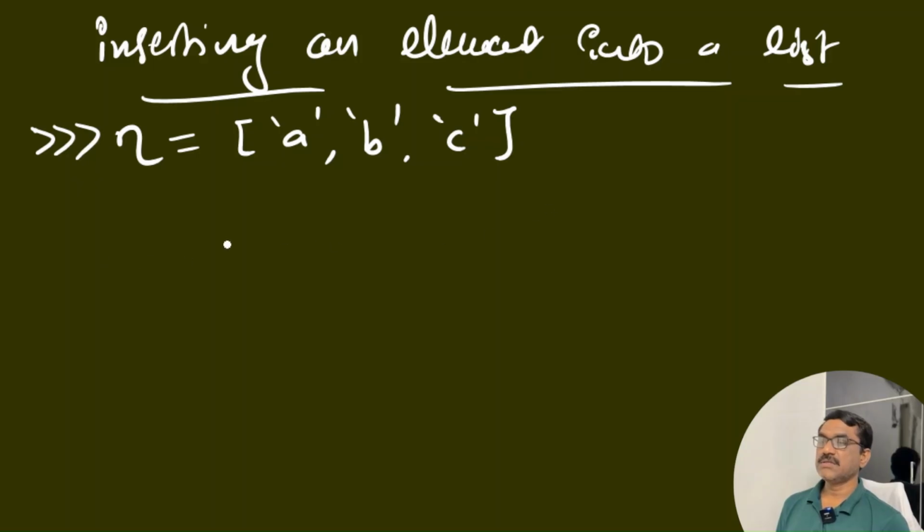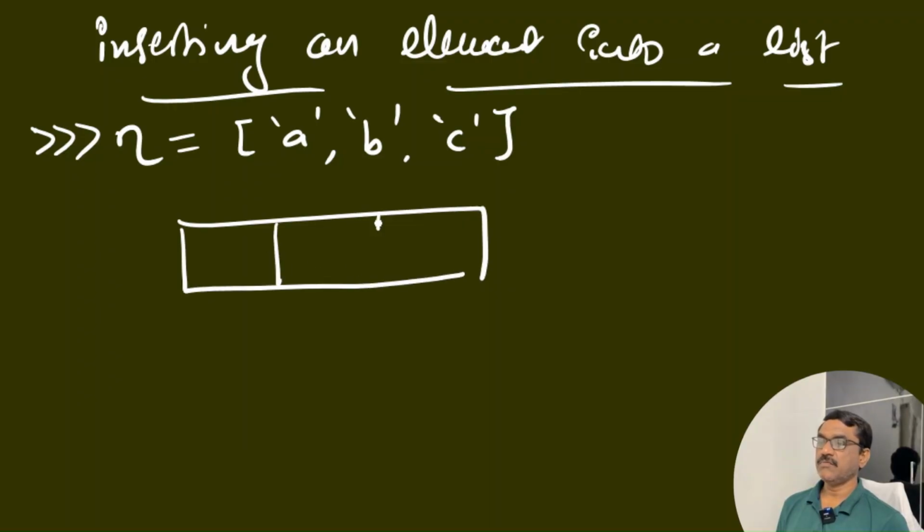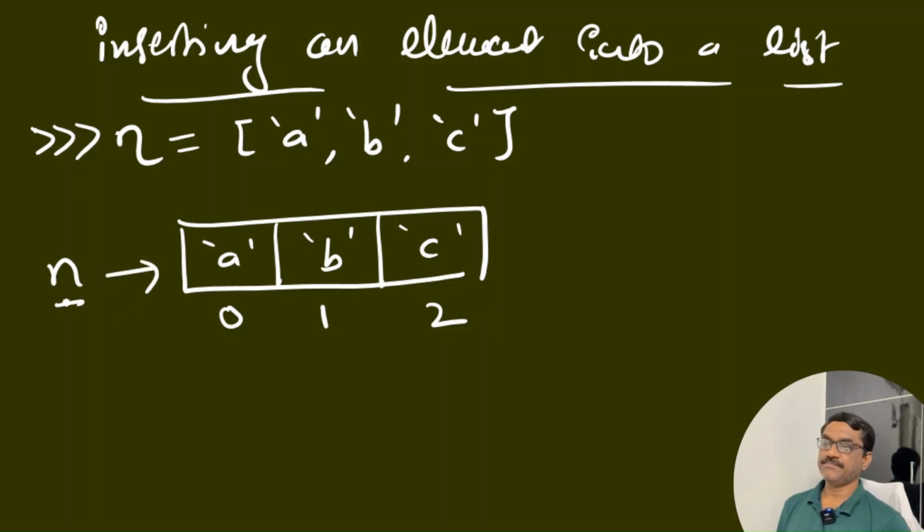Now in this case, the list n contains 3 items. One is A, a string object. The second is B, a string object. C is also a string object, right? You know the index is 0, and here it is 1 and 2. This is the list represented by n.